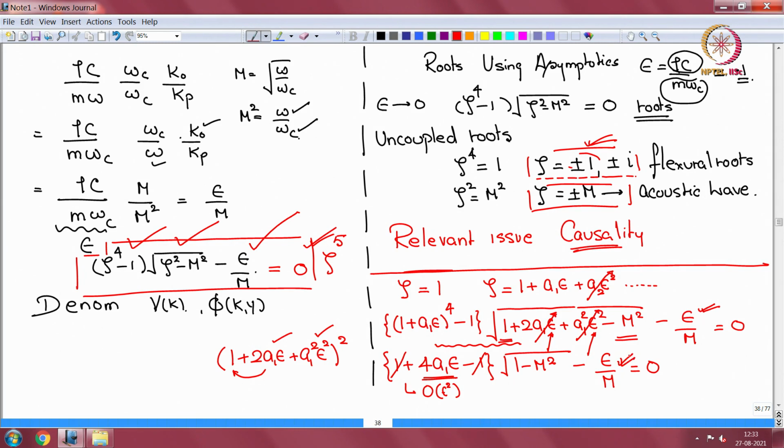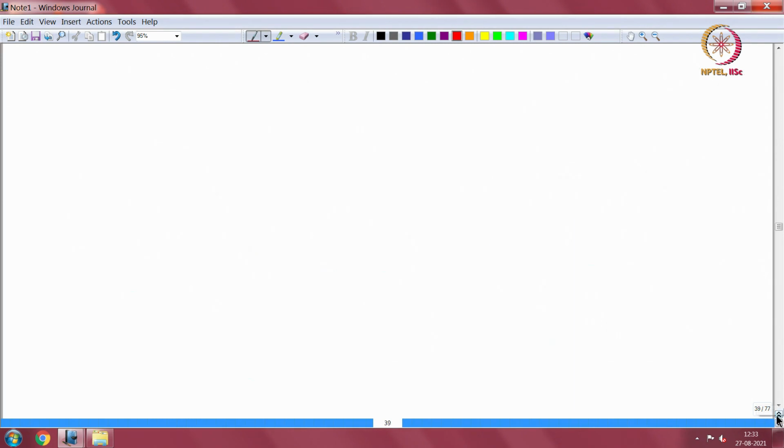They can be balanced. So I have 4 a1 epsilon square root of 1 minus m squared minus epsilon by m is equal to 0.